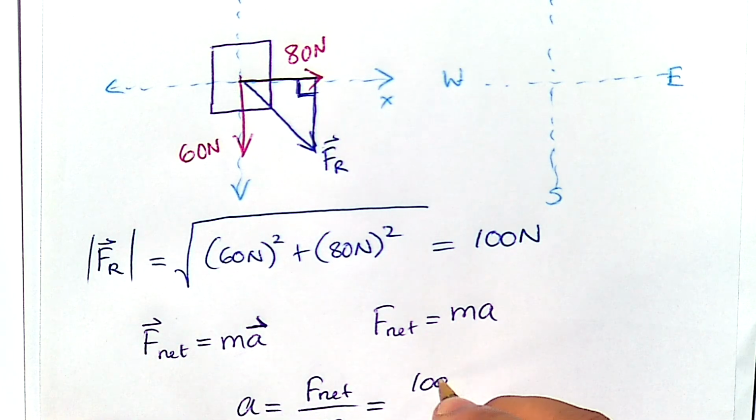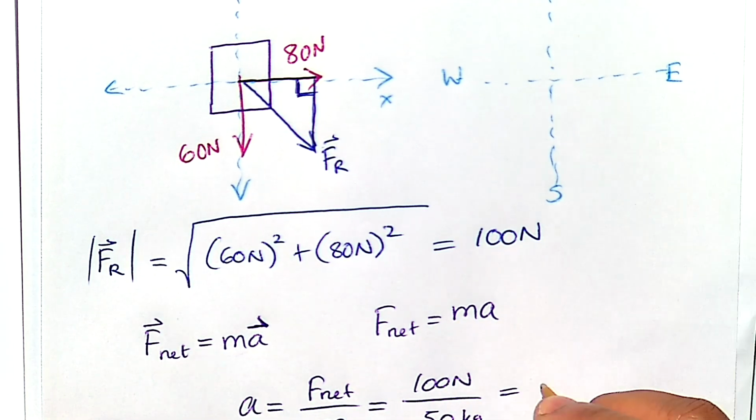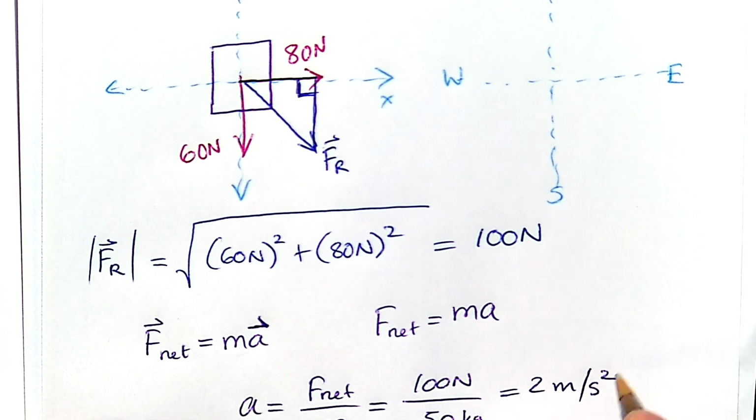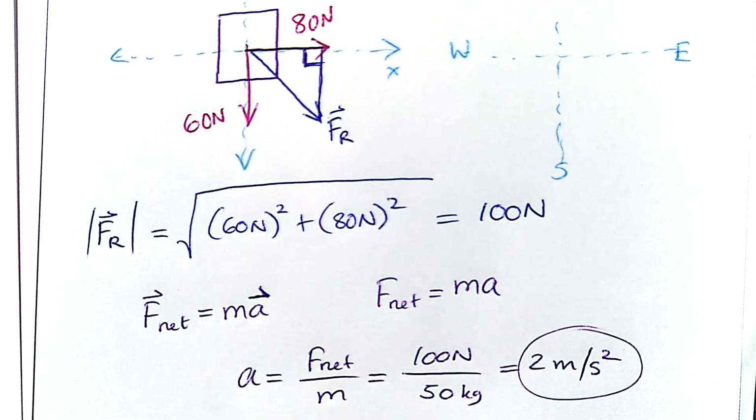That's 100 newtons divided by 50 kilograms, which gives us 2 meters per second squared. Is that okay? Kind of makes sense? That's probably the easiest way to do this problem: find the net force, divide by the mass, and you're done. The acceleration is 2 meters per second squared.